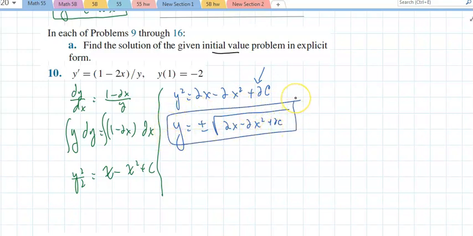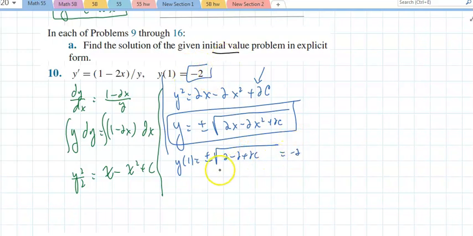All I have to do is find c. y of 1 is plus or minus the square root of 2 minus 2 plus 2c. And that equals a negative 2. The only way this will have a solution, the only way a solution would exist, if I have a negative equaling a negative, this way I'll get the square root when I divide to equal a positive 2.